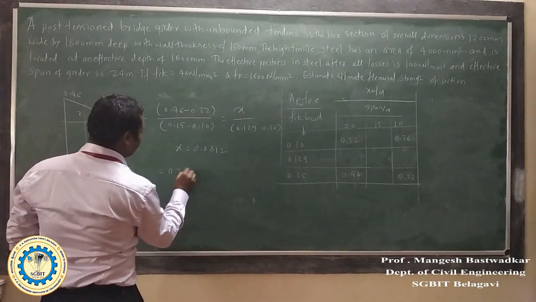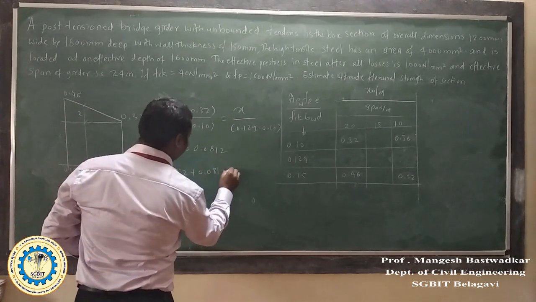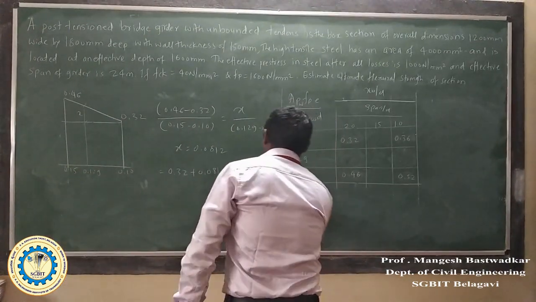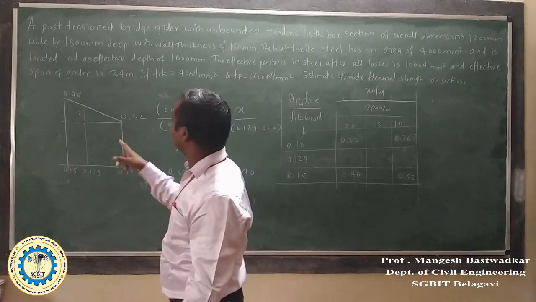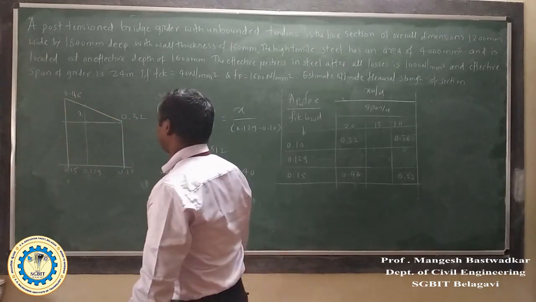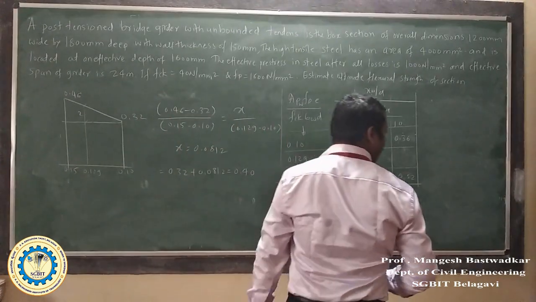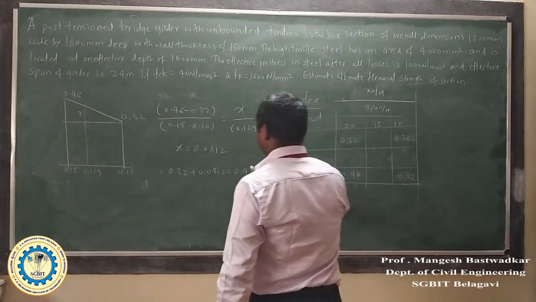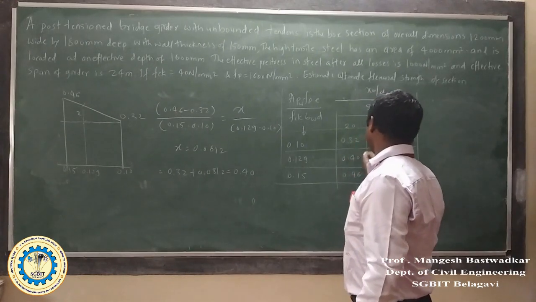So 0.32 plus 0.0812, the value you will get is 0.40. You should check that the value lies between 0.32 and 0.46. So that value is 0.40. Then write here 0.40.